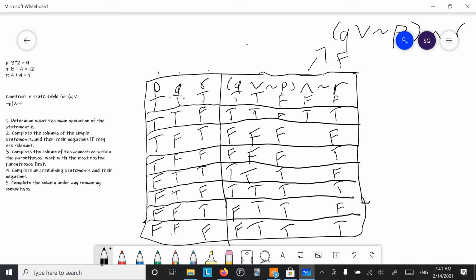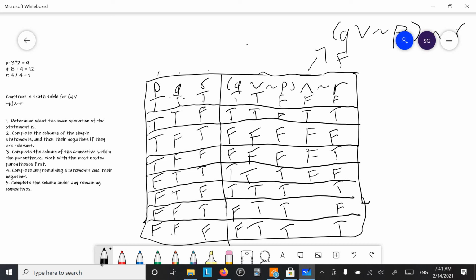So that means the conjunction is true. Both are false, it's false. One is false, one is true, it's false. Again, one is true, one is false, it's false.